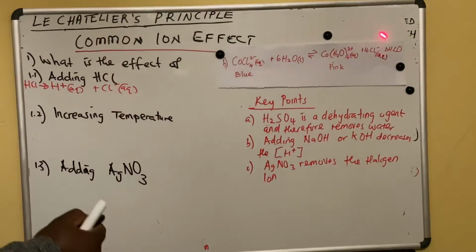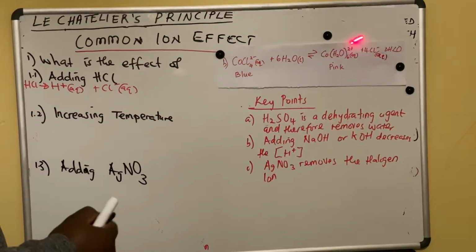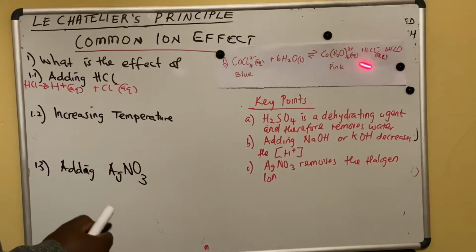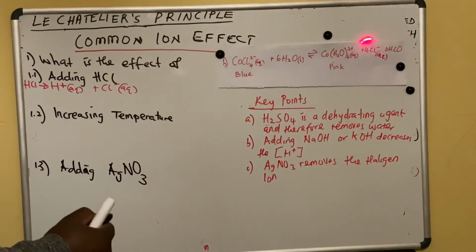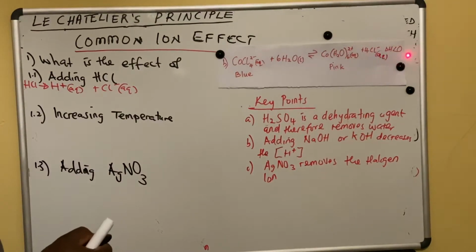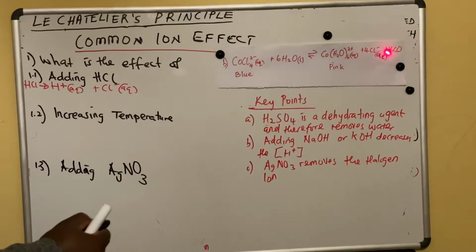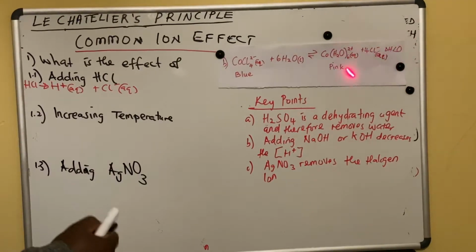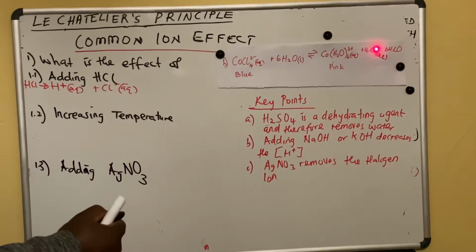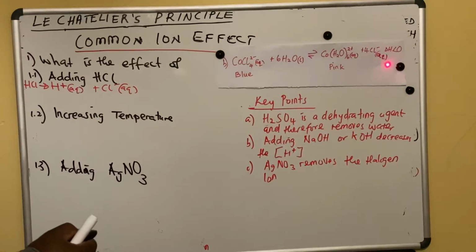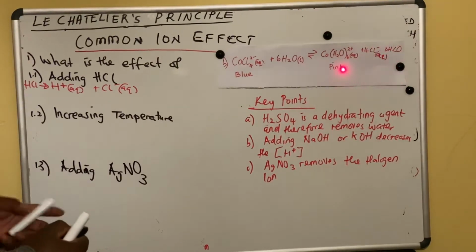Now, when this happens, what does that mean? It means we have increased the concentration of chloride ions in the solution. So Cl minus concentration is going to increase. Are we together there? Now, when Cl minus concentration increases, according to Le Chatelier's principle, we have disturbed the system.